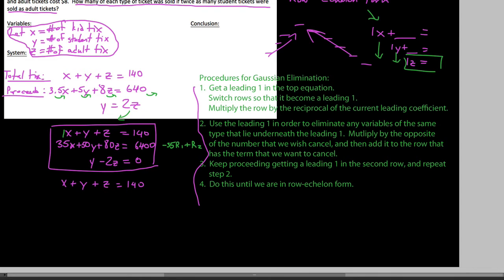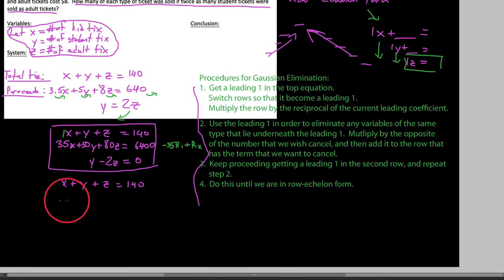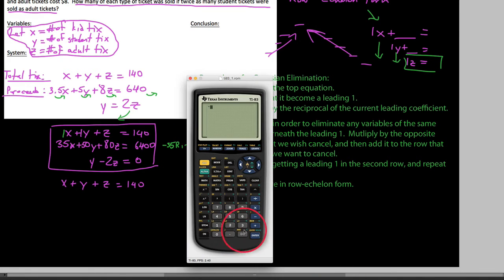Now our row 2, if I take negative 35 times 1 and add it to positive 35, this would cancel out and become a 0. That's guaranteed to happen. I need to assess the situation with respect to my y's, z's, and constants now. So we're going to take 1y, 1 times negative 35, and add that to 50. And while I'm here, I'm going to take negative 35 times the 1 in front of my z and add that on to 80.